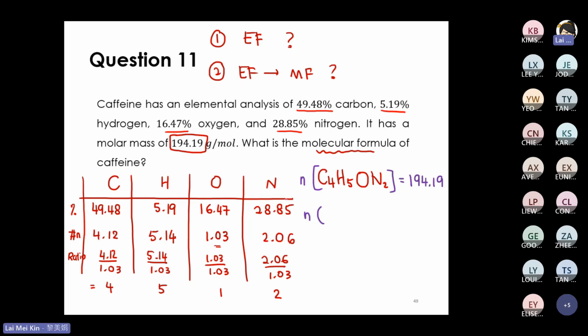Okay, 97.11. Thank you. 97.11 will give you 194.19. So what is your N? 2. So what is your molecular formula? C8H10O2N4.